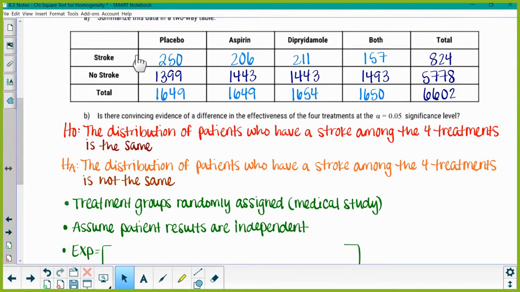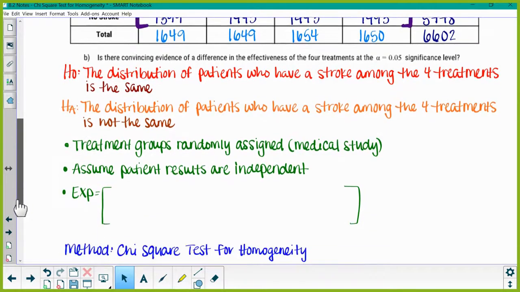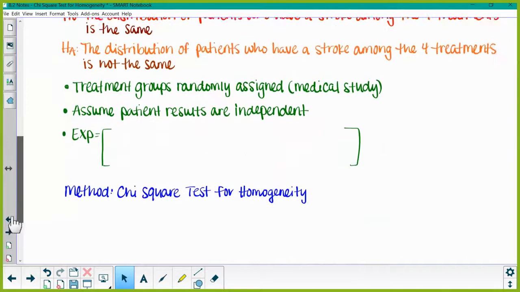So the matrix that I'm going to be entering into my calculator is going to be just the counts, just my stroke, no stroke, placebo, aspirin, dipyridamole, and both. That is going to be it. So it's going to be a 2-row by 4-column matrix.